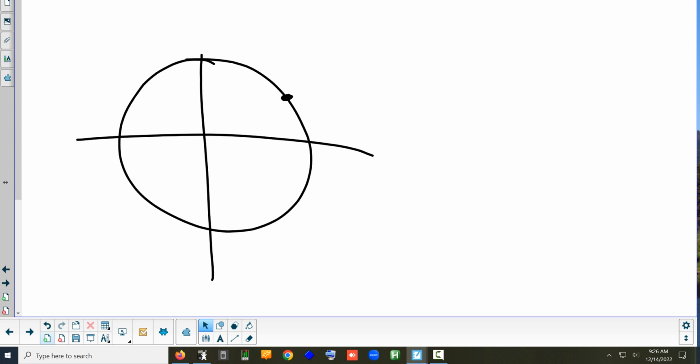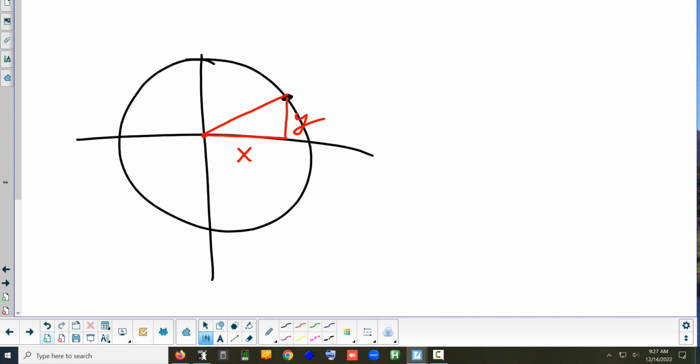From the origin, how far to the right do you go? That's the x value. And then how far up do you go? That's the y value. If you draw in the radius, you just made a triangle.